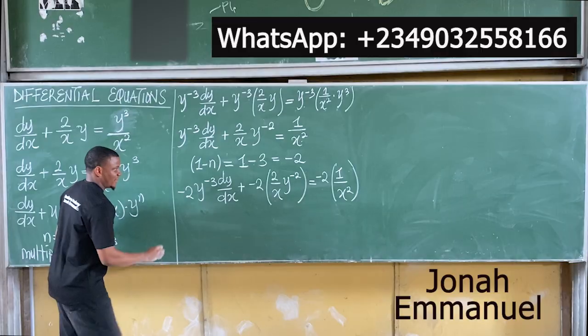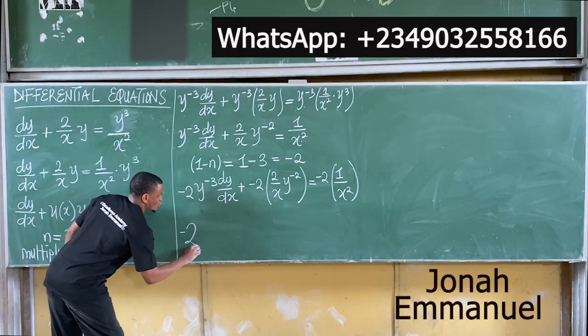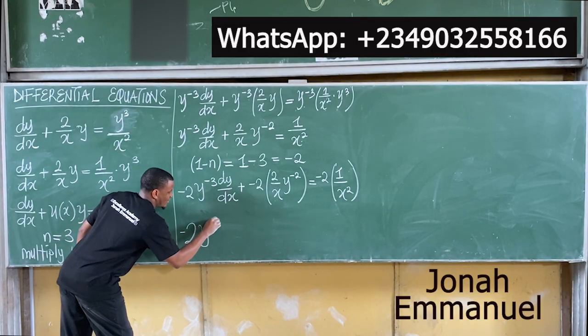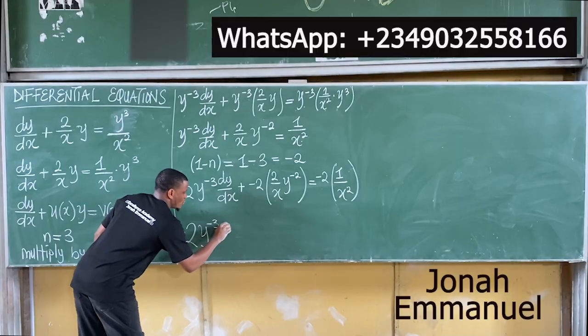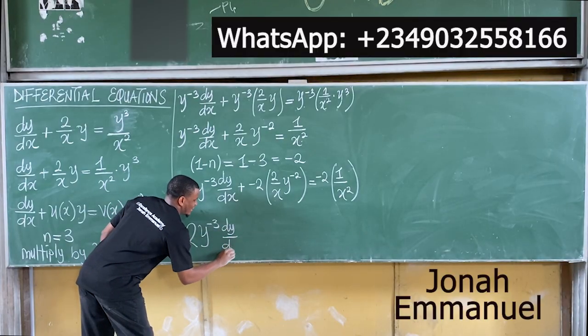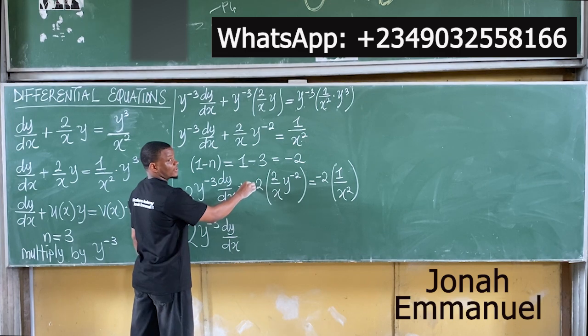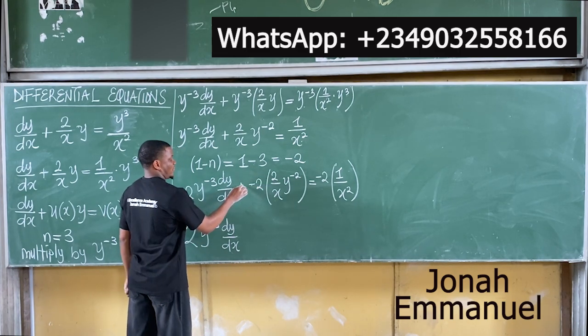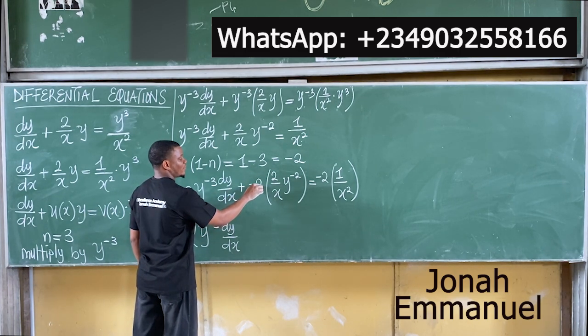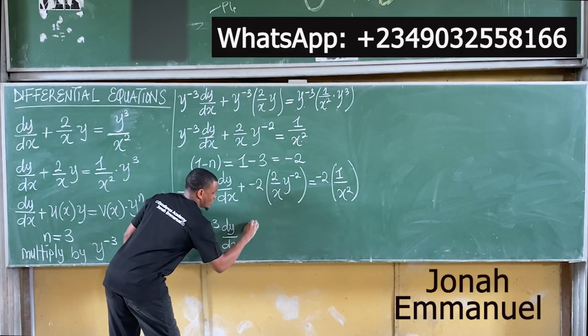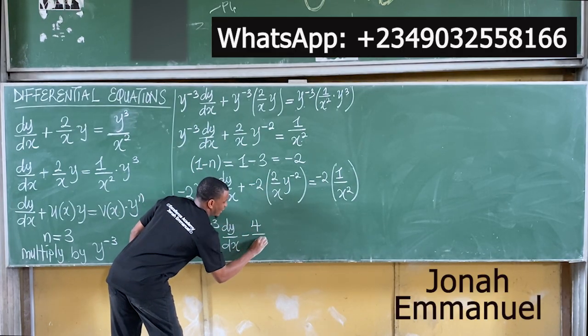Multiply by minus 2. What do I have here? This becomes minus 2 y to power minus 3 into dy dx. Plus minus is minus times 2. So that becomes minus 2 times 2 gives you what there? Minus 4 all over x.